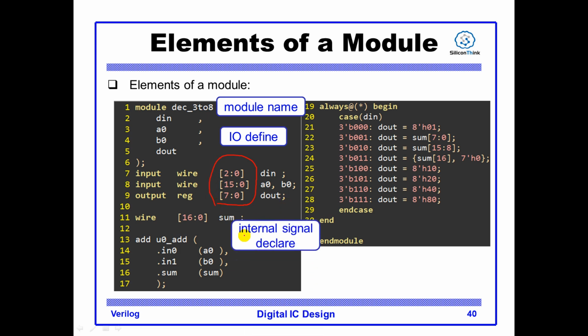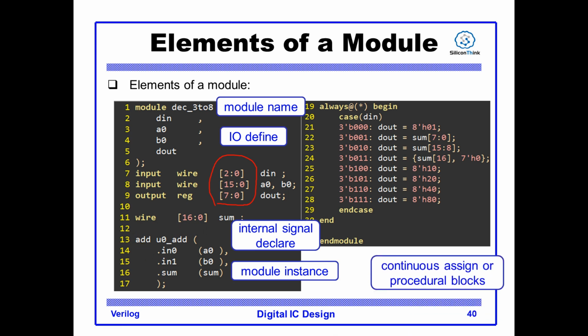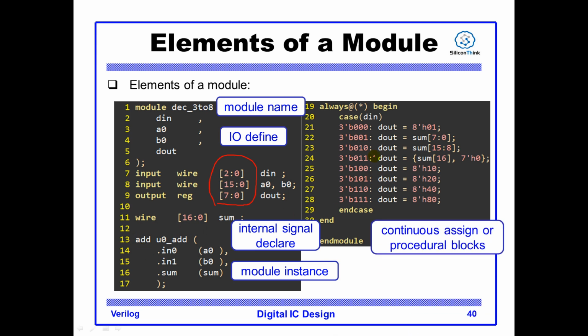Then there may be some internal signals; declare the internal signals with bit width and type. Then within a module, you can instance some modules as your submodules. And you can have some statements, such as always blocks or continuous assignment blocks.